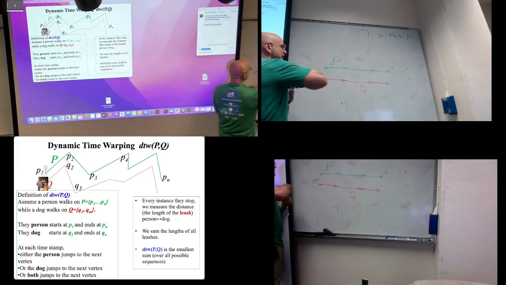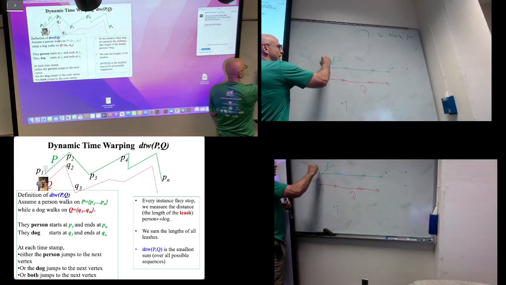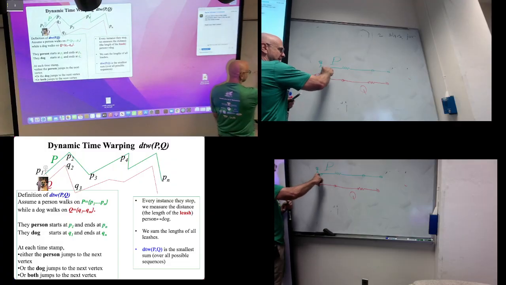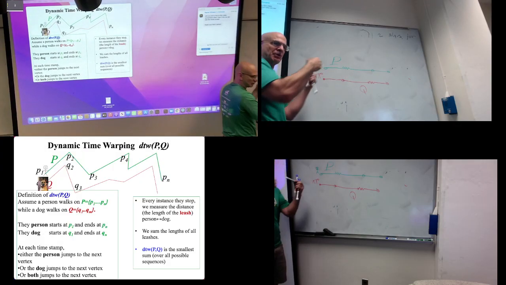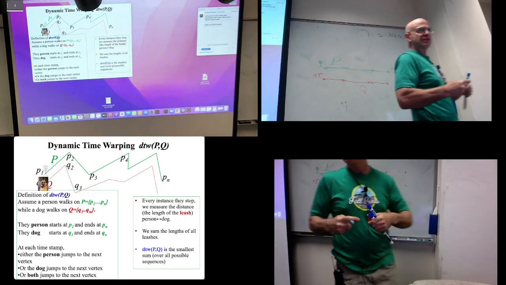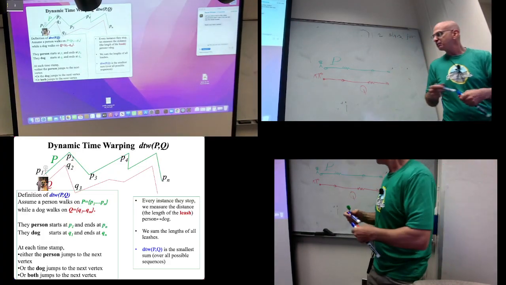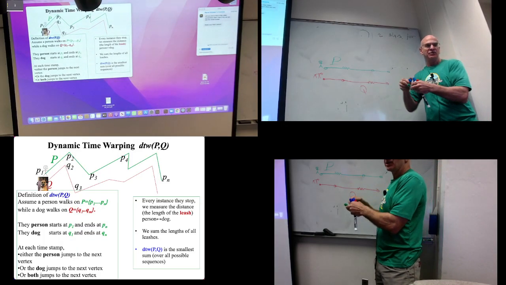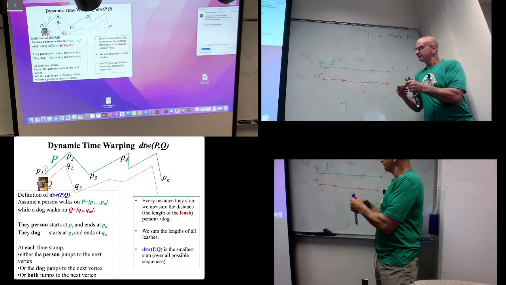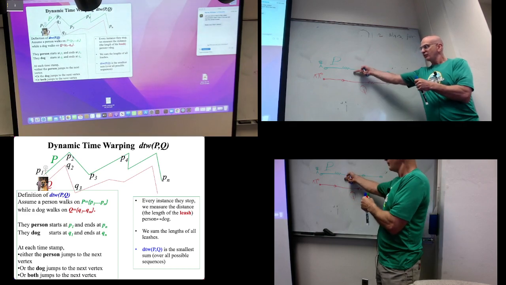And the matching that I'm trying to find will mean, if it's actually the same path, which point in P matches which point of Q. If it actually refers to the same road in the map, then which point makes sense to match to which other point, or if it's the same signal or the same signature or the same behavior of a stock.